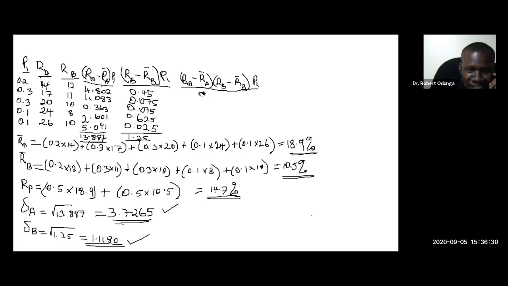Which is which? For the first case, negative 1.47.